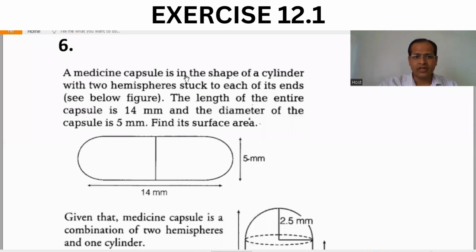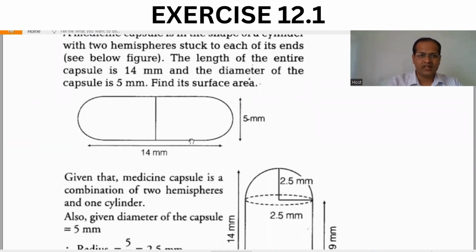A medicine capsule is in the shape of a cylinder with 2 hemispheres stuck to each of its ends. The length of the entire capsule is 14 mm and the diameter of the capsule is 5 mm. Find the surface area. So in this question, first of all, this width is 5 and the total length is 14.